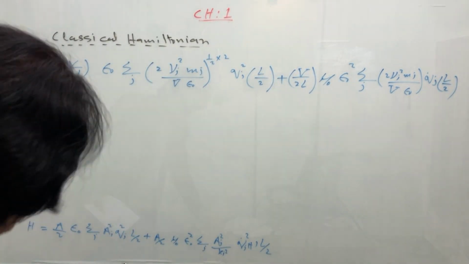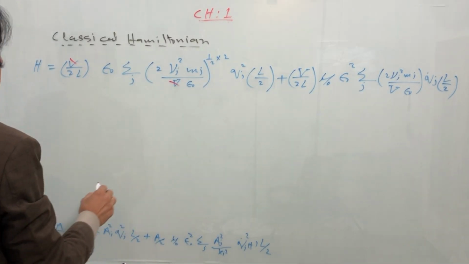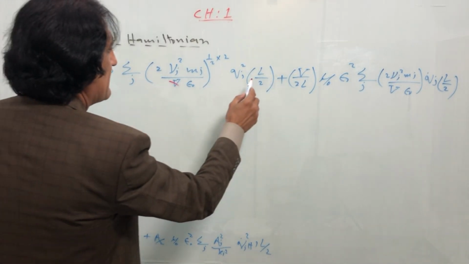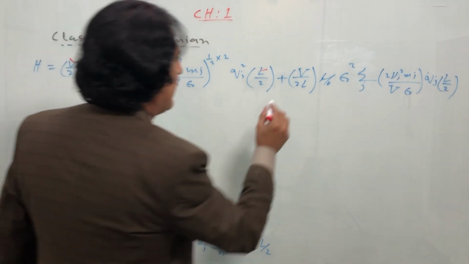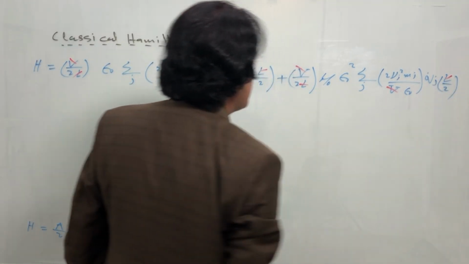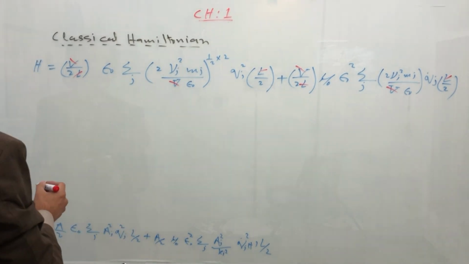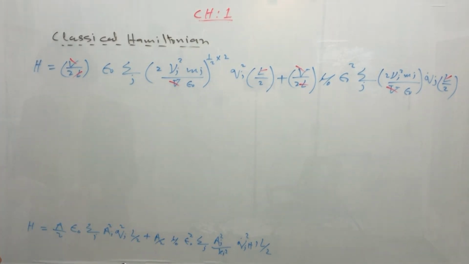If you look at this equation, this V can be cancelled out, this L can be cancelled out with this, and similarly this L can be cancelled out, and we can also cancel out 2 as well.